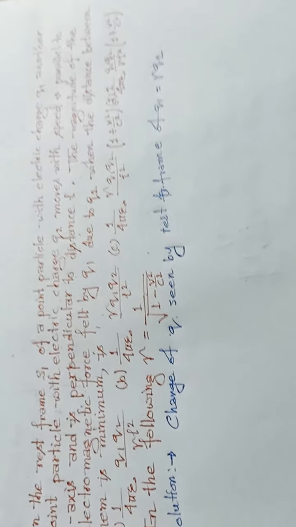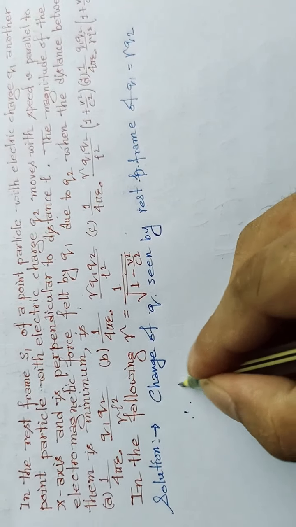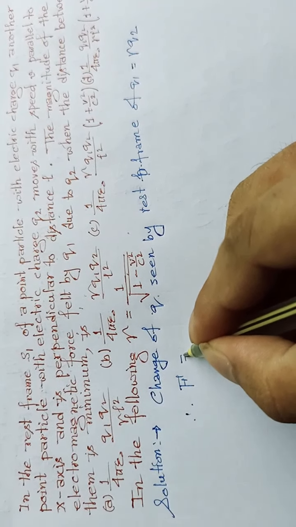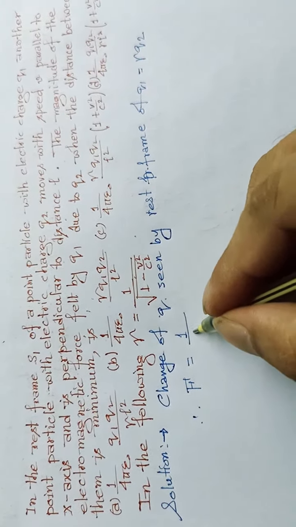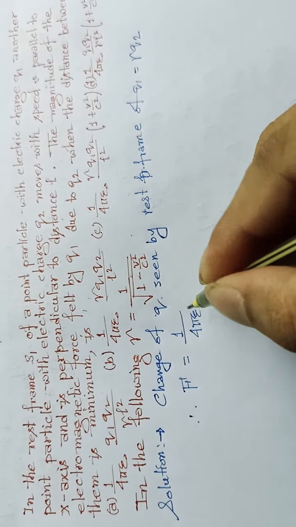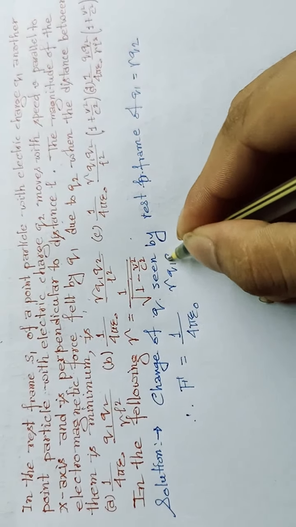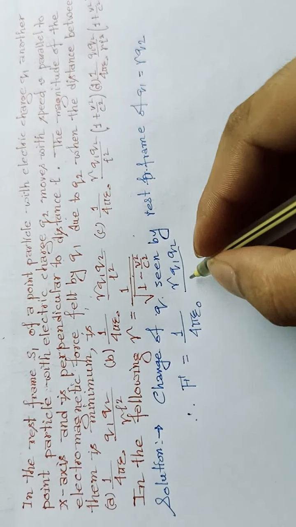Therefore, our required value of force will be F equal to 1 divided by 4 pi epsilon naught times gamma Q1 Q2 divided by L squared.